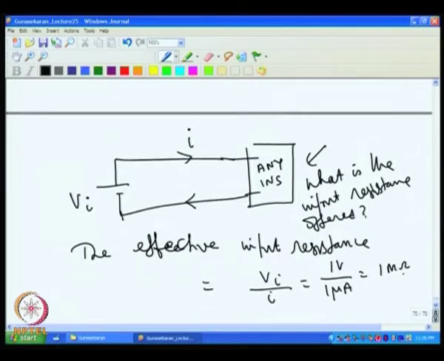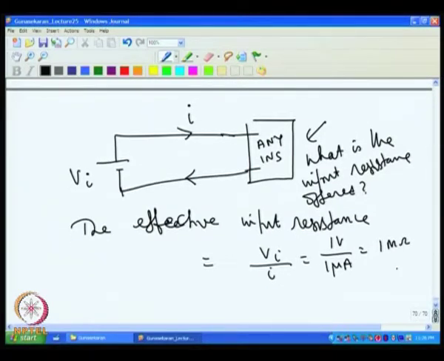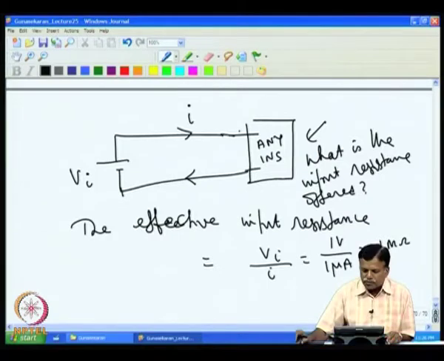Basically, we find the voltage and the current that is flowing, and from there we find the input resistance offered by the instrument.